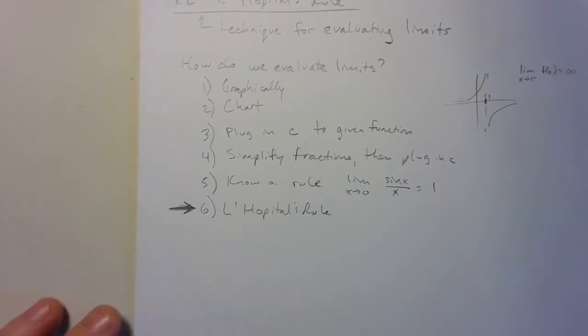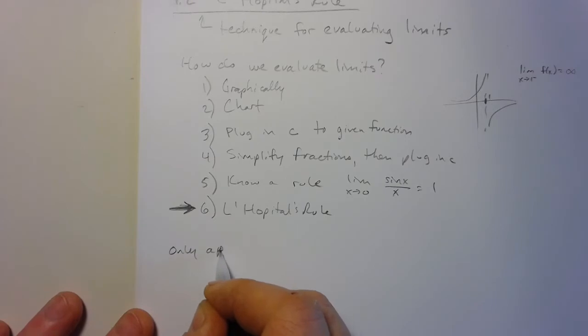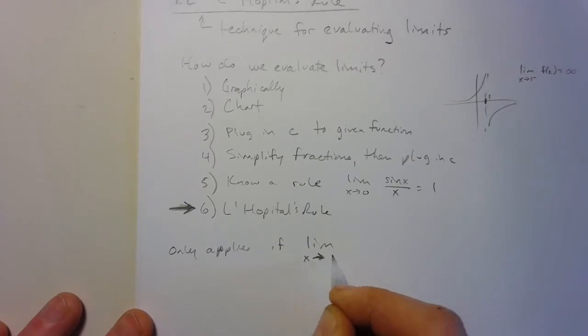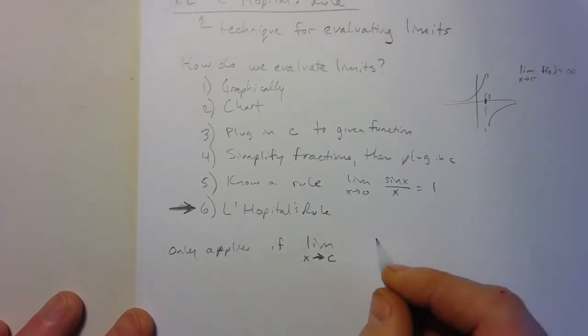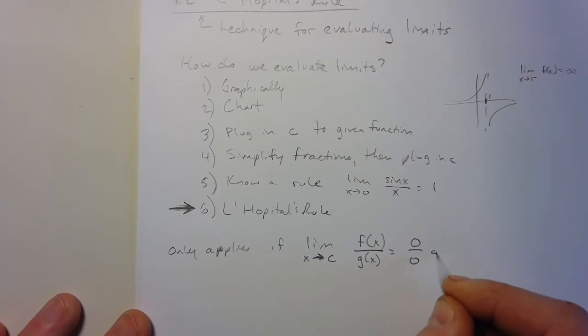Now, L'Hopital's rule only applies if you're evaluating a limit, and when you plug into your function, you have two pieces, a top and a bottom, and it gives you 0 over 0 or infinity over infinity.